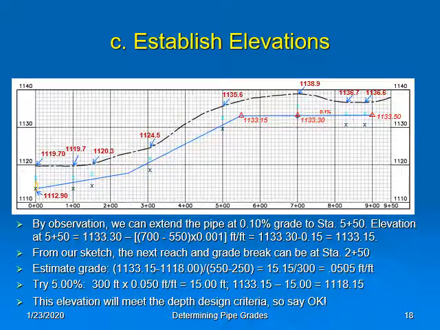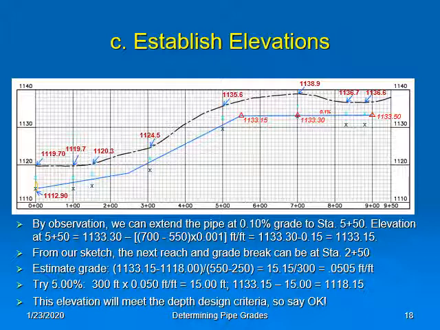We've got 300 feet of distance there, and that calculates out to a grade of 0.0505 feet per foot. I think it'd be a good idea to round that to 5% or 0.05 feet per foot. So that's what I'm going to do.